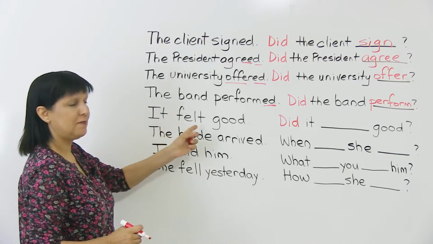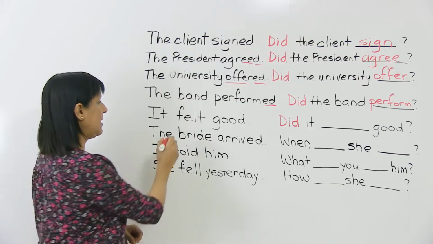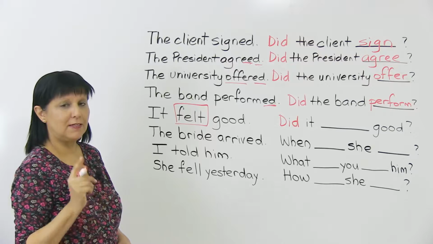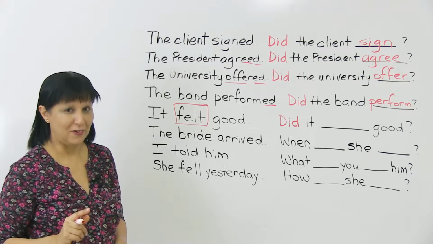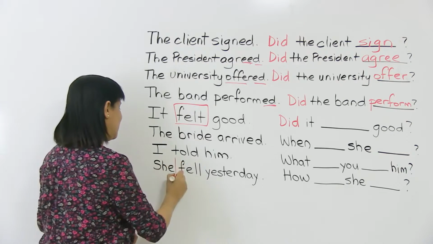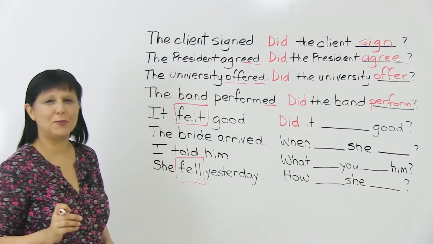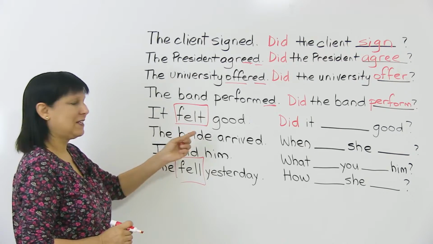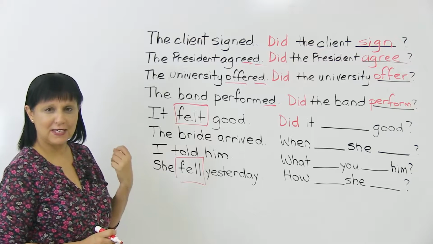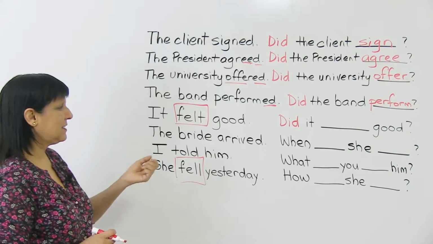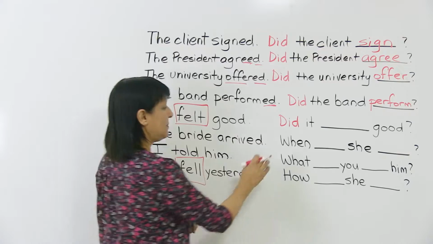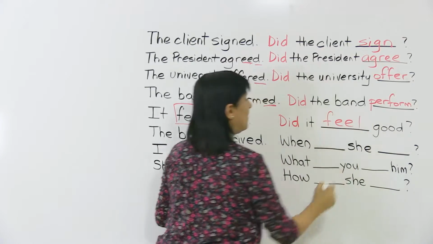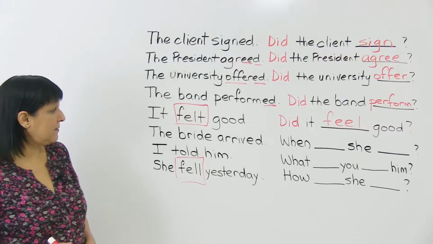All right, it felt good. Now, felt, okay, is the past tense of which word? This and this are two verbs that students always get confused. All right, so felt is the past tense of feel. So it becomes, did it feel good? All right, very good.